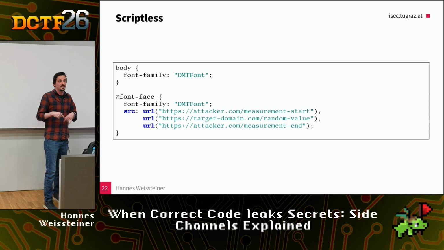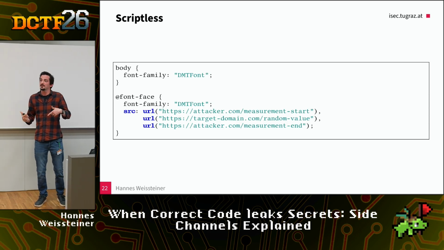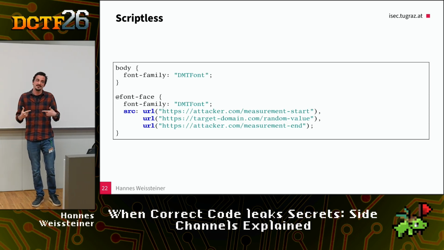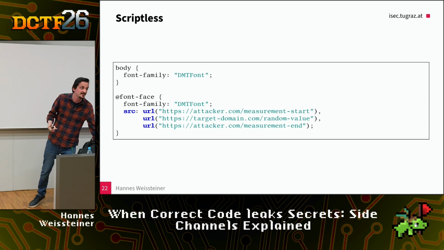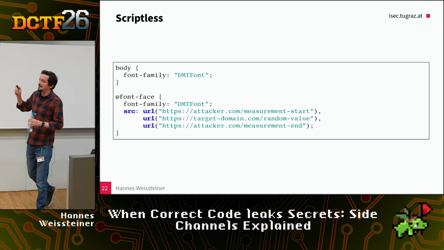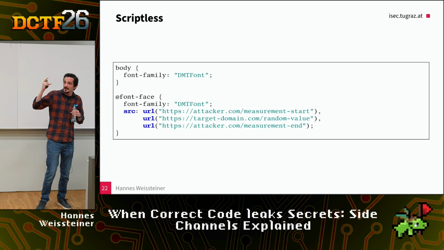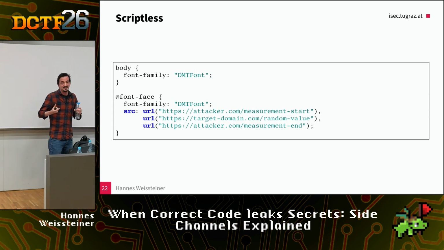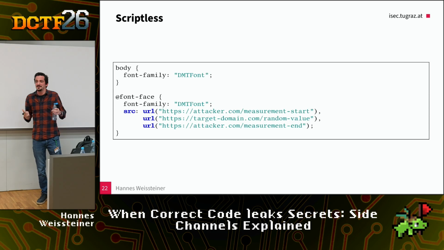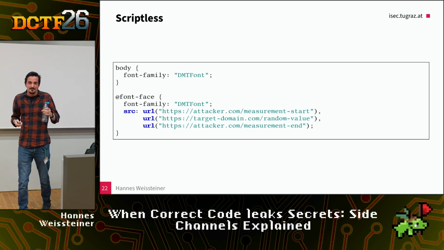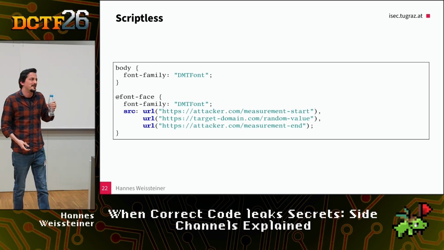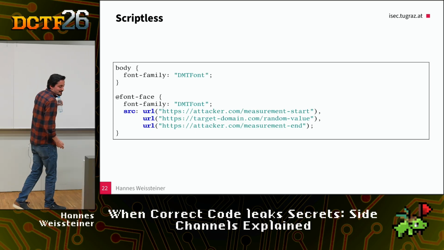We then load whatever target domain we want to have. Depending on whether the domain is cached or not, the access will be slower or faster. We access the second domain, and by timing the time between the two domain accesses, we know whether you accessed this recently. Could be pretty bad, depending on what you did in the last 10 minutes.